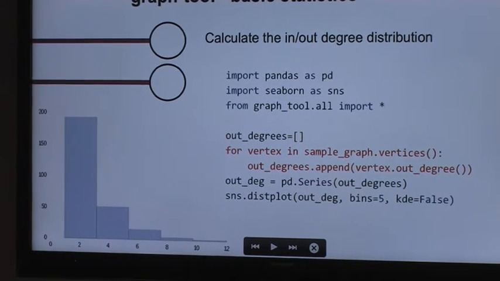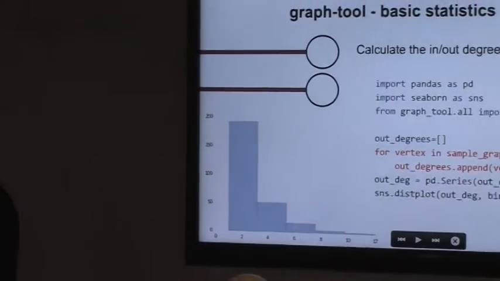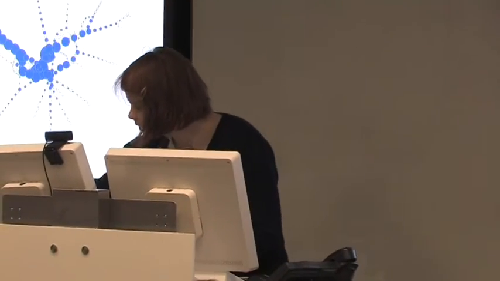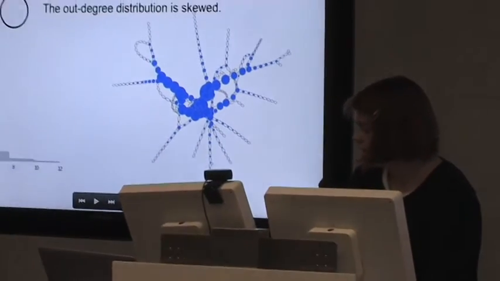And then this enables you to pass this list basically to pandas and plot it with Seaborn or whatever is your preferred method. So this is the outDegree distribution of the London Underground network.